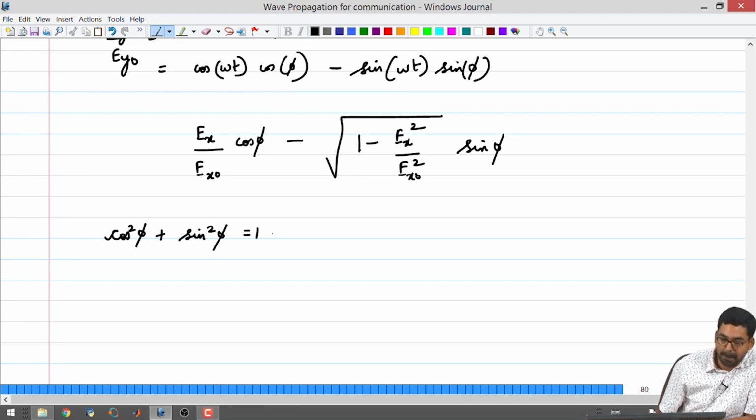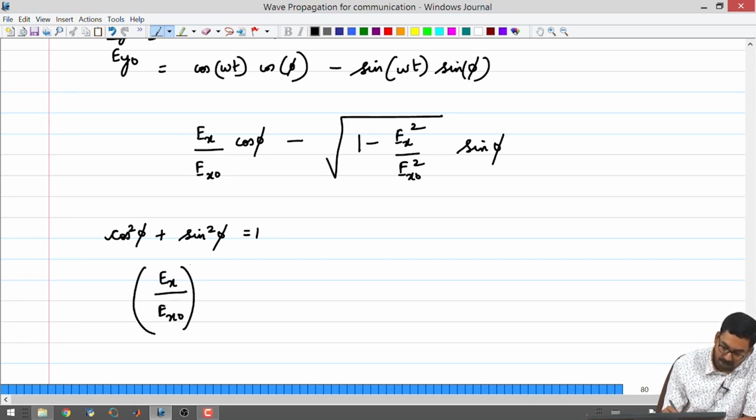I can use the relationships we have prior to us. I will just write down the equation and then spend some time on its interpretation.